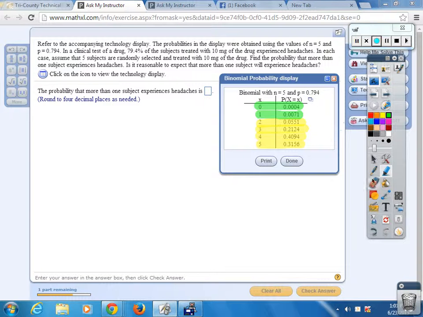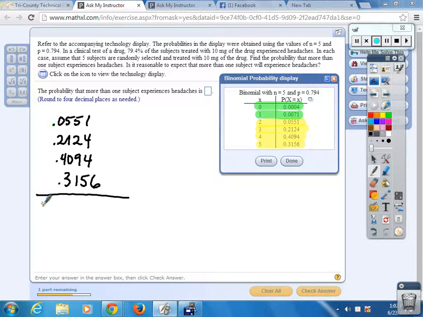What's this? 684. Need a calculator. So we've got 0.0051, 0.0551, 0.2124, 0.4094, and 0.3156.